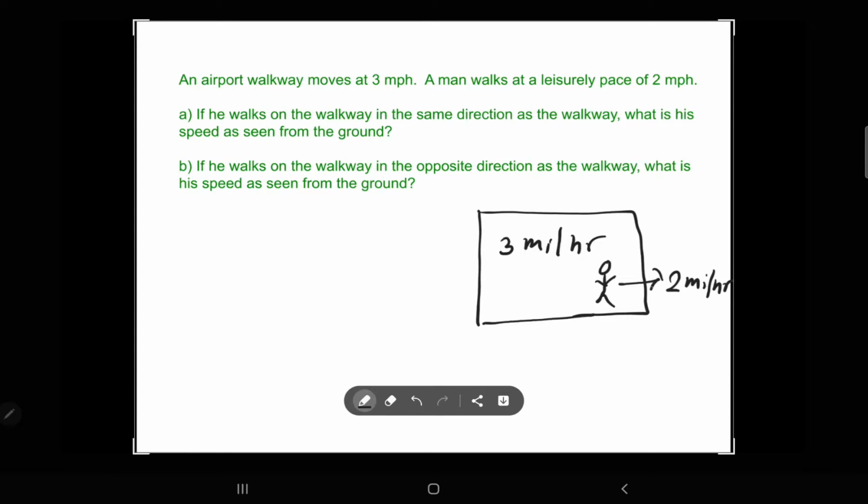Look here. The airport walkway itself is in motion, at 3 miles per hour, and this guy right here is also moving within the walkway at 2 miles per hour.